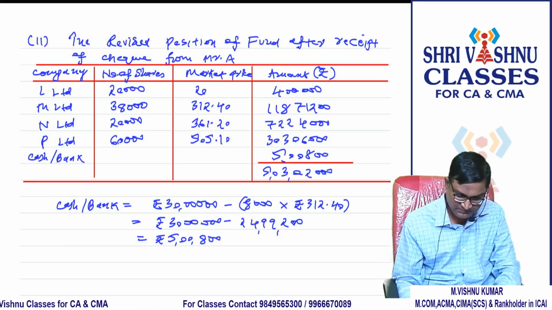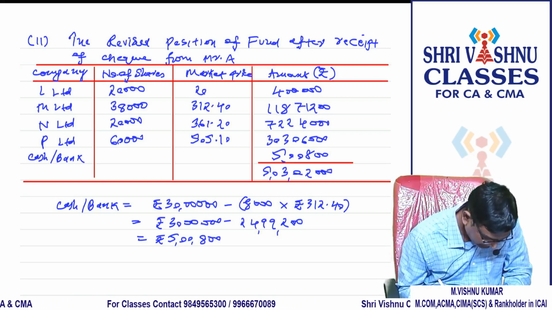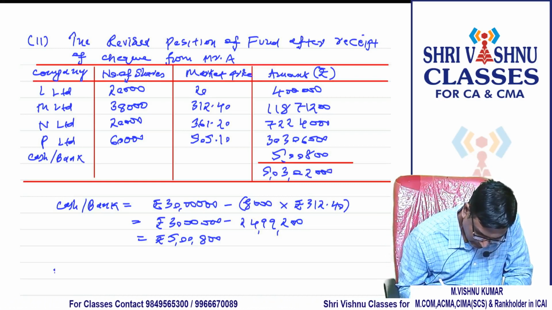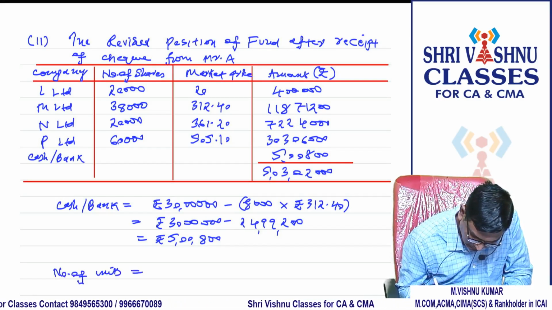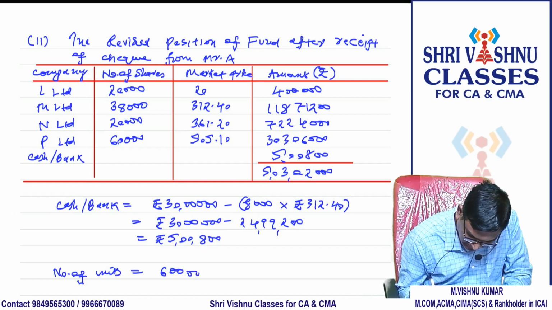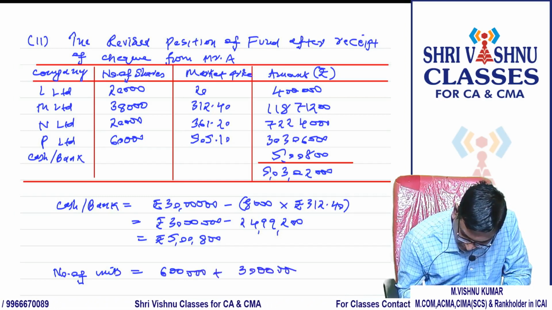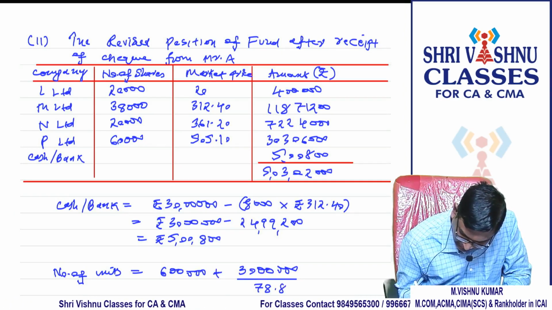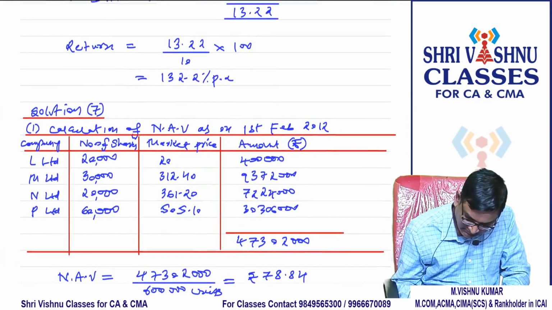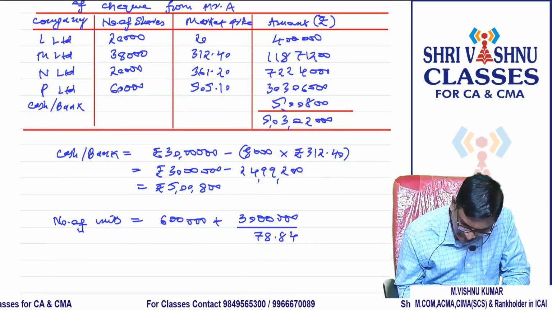This is the total amount. Now NAV. Now how many units? Previously it was 6 lakh units. Now the 30 lakh rupees check from Mr. A, and when NAV is calculated on that date, 78.84, according to 78.84 the number of units will be issued.